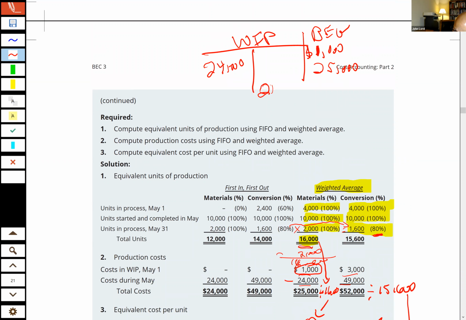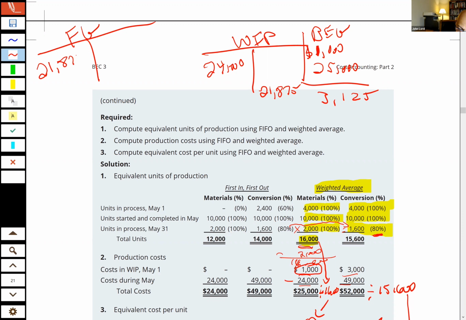Just posting that credit, 21,875, leaving a balance of 3,125. Okay. And we would have debited what? Finished goods. And again, I'm just focusing on the materials here, 21,875. I'm just showing you the reason we're coming up with these equivalent units.